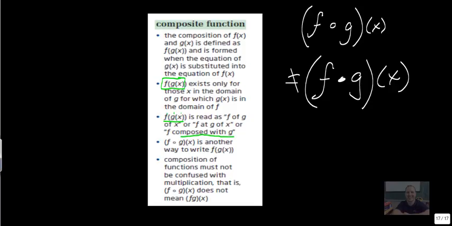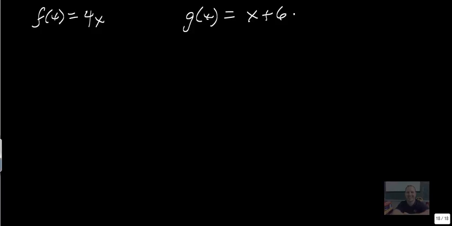All right, so let's do some examples. If f of x is 4x, and g of x is x plus 6, and h of x is x squared, we have those three functions.